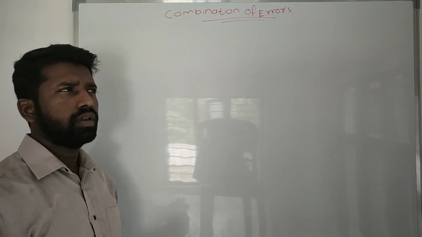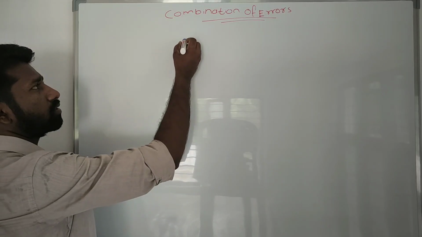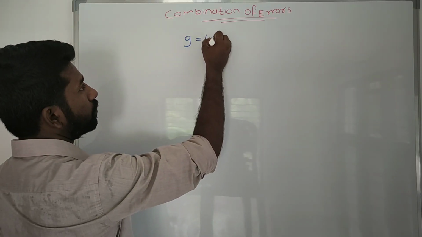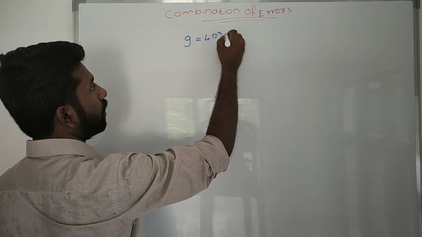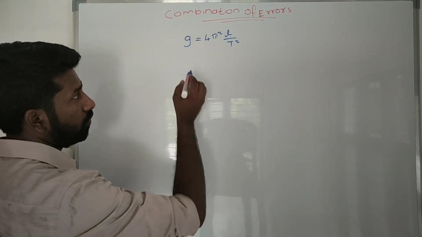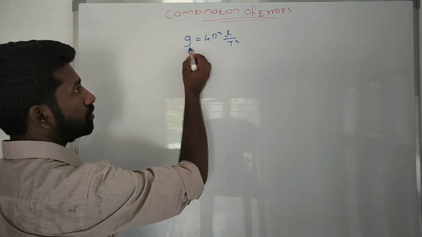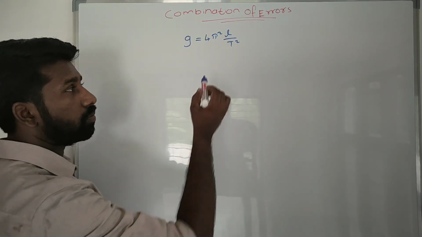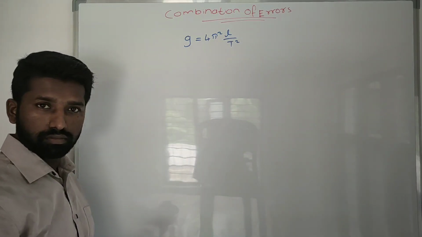That means if you measure acceleration due to gravity, that is g is equal to 4 pi square L by t square. This is the formula. If you need to measure this g value, you want to get the length and the time period, and you have to take the square.